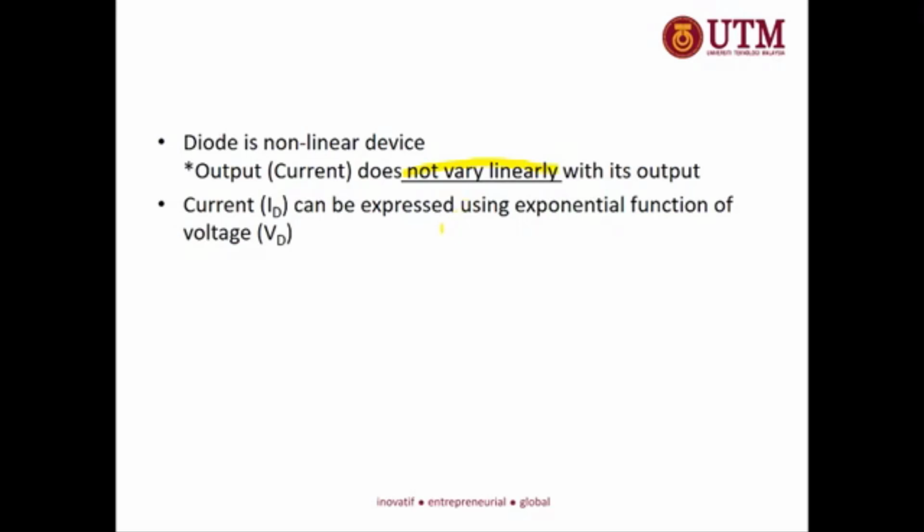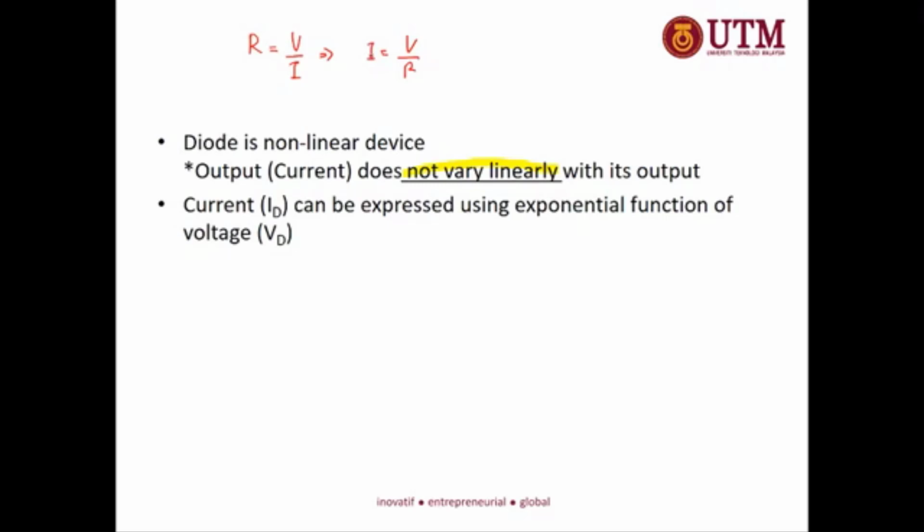What is an example of a linear device? The simple example of a linear device is the resistor. For a resistor, the voltage and current relationship is expressed using Ohm's law. R is equal to V over I, so we have I equal to V over R. The relationship between I and V is linear.